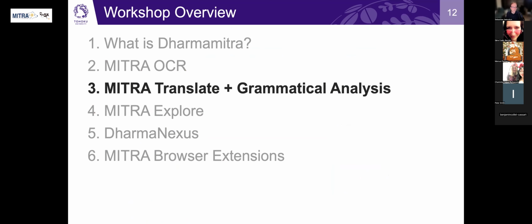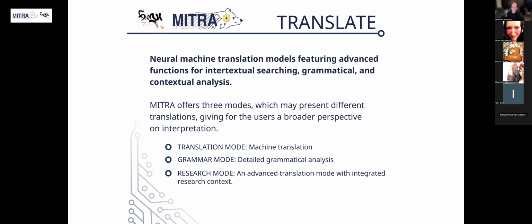Moving on to the Mitra translation and the grammatical analysis part. This is maybe the feature that most of you know, or that Dharmamitra is most known for. This is the neural machine translation system that has advanced functions for intertextual searching, grammatical, and contextual explanations. And in that sense, Dharmamitra offers three different modes.